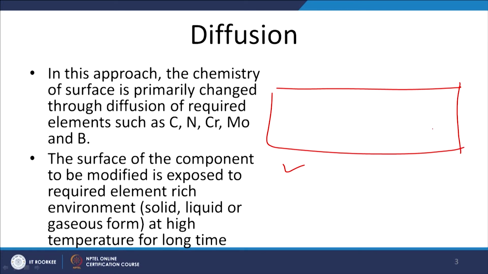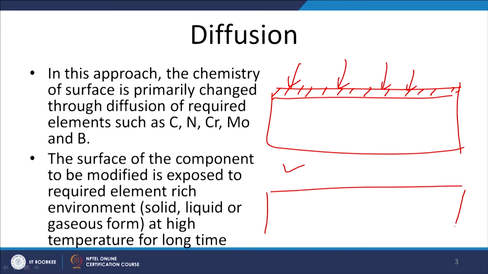As I have said, there are two broad approaches: fusion and diffusion. In the fusion based approach, we have to melt the surface layers and then mix the elements which are to be added, and in the diffusion based approach, the required elements are diffused onto the surface, so that the required set of constituents can be formed to have the required combination of the properties leading to the requisite wear and friction behavior.